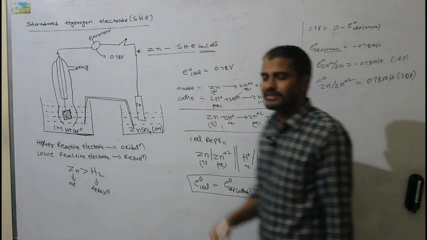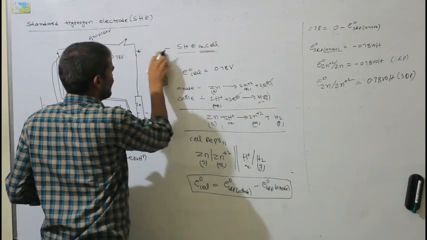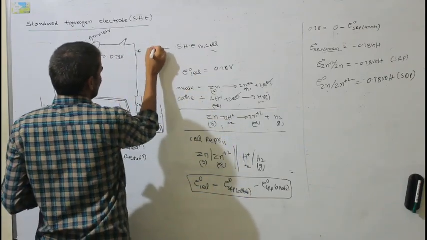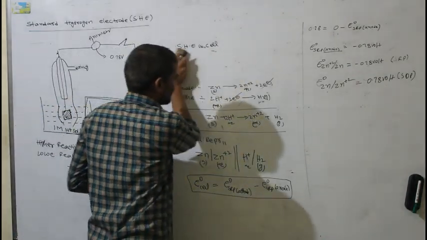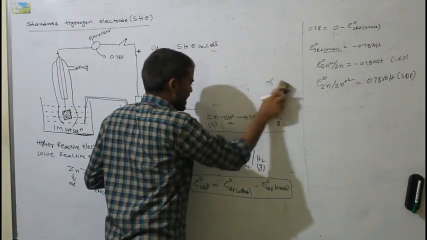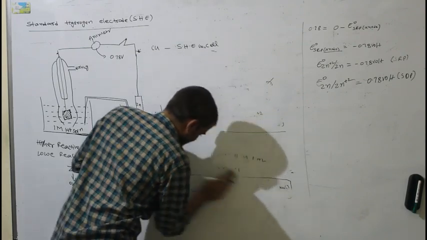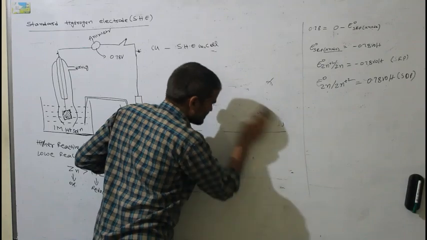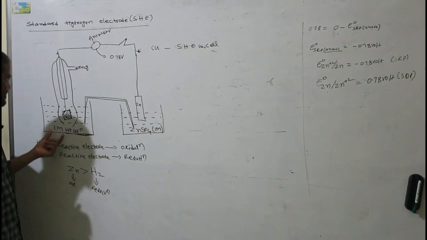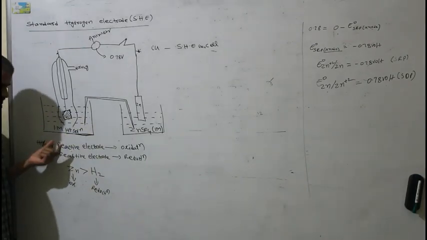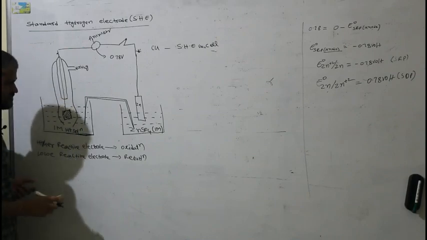In the same way, let's take one more example: copper and the standard hydrogen electrode galvanic cell. If a copper and standard hydrogen electrode galvanic cell is taken, how will its construction be? The standard hydrogen electrode will be as it is.